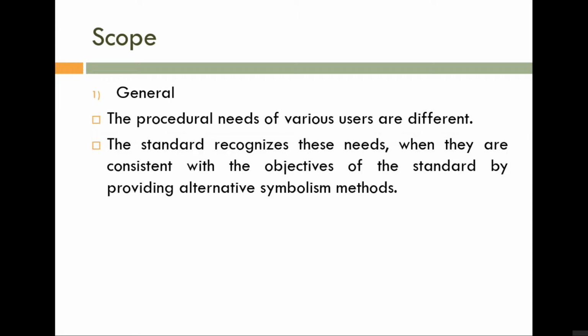That is, the knowledge level is different. The procedure may be different, our requirement may be different. So what do we need? We need some uniqueness. So for that purpose, the ISA standard is used.